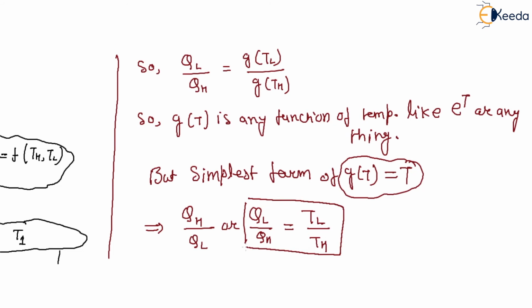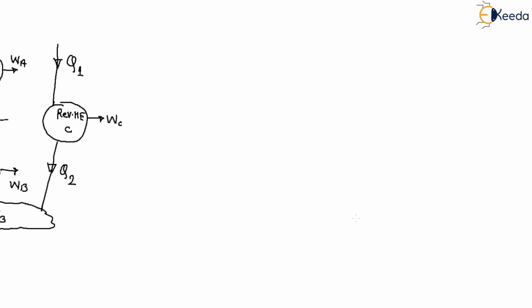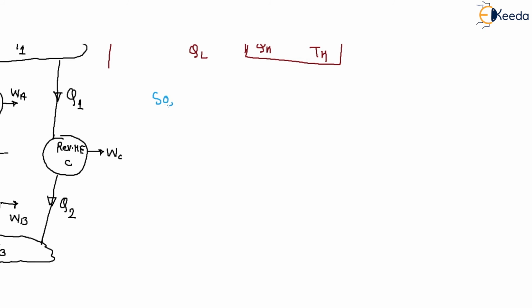So the heat wasted by the heat engine divided by the heat received by the heat engine, the heat wasted by the reversible cycle divided by the heat received by the reversible cycle, is nothing but the ratio between the two temperature limits.